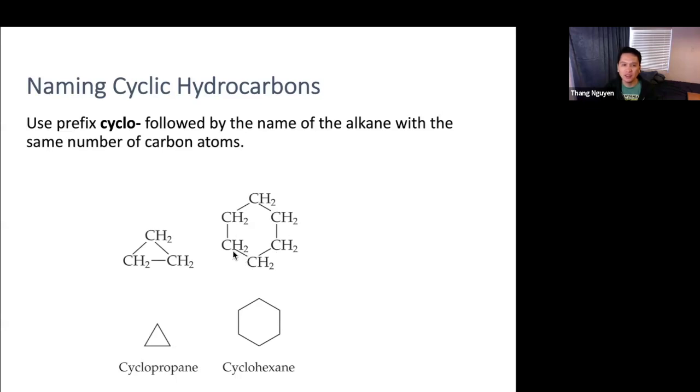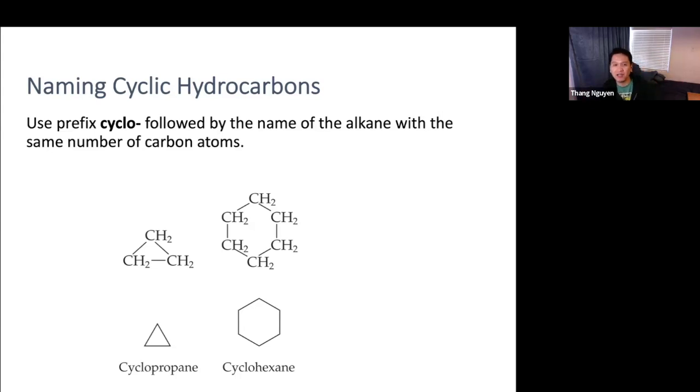And at the end of each chain, it would be CH3 and CH3. Well, if you are linked together, you have to get rid of one hydrogen in order to have that one extra, the fourth bond, right? So cyclic alkanes have two fewer hydrogens than linear alkanes of the same number of carbons.